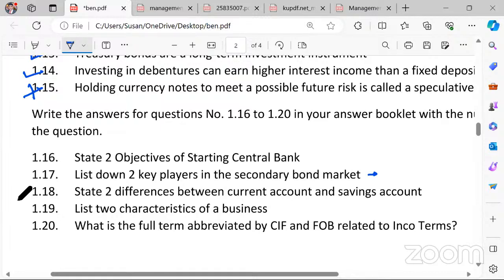In the secondary market, primary dealers and commercial banks are key players, and they are selling their securities to the general public. Then you can write any 2 out of these 3: commercial banks, primary dealers, and general public.